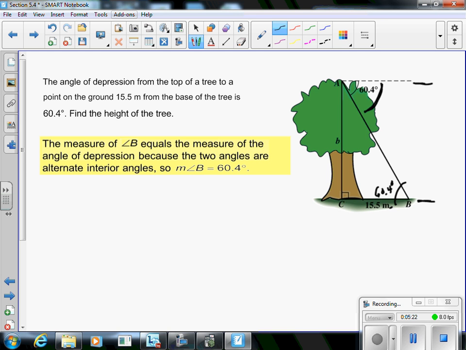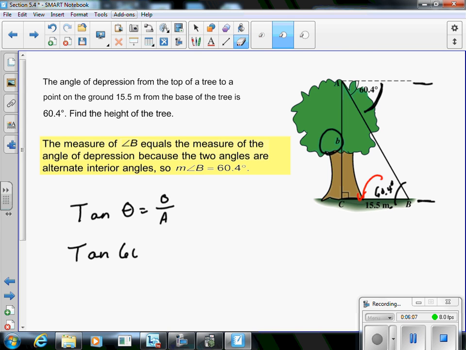I then can use my trig functions to solve for b. I don't have the hypotenuse of this triangle. The only thing I have is the side adjacent to my angle, and I want the side that's opposite. Because I want the opposite side and I know the adjacent side, I'm going to use the tangent function, because the tangent of theta is the side opposite over the adjacent. So tangent of 60.4 degrees is equal to the side opposite, b, divided by the adjacent side, 15.5.